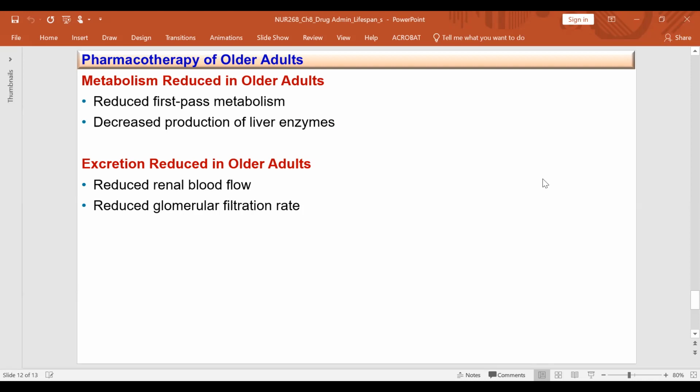So for non-adherence among the older adult population, we can promote adherence with unintentional non-adherence, because we will differentiate between intentional and unintentional non-adherence among older adults.